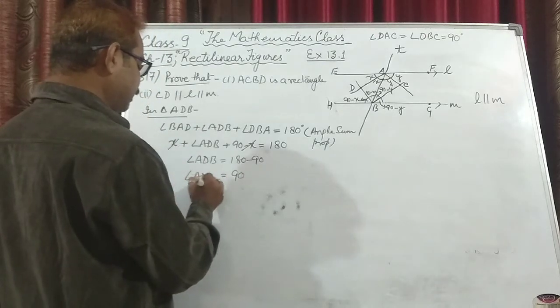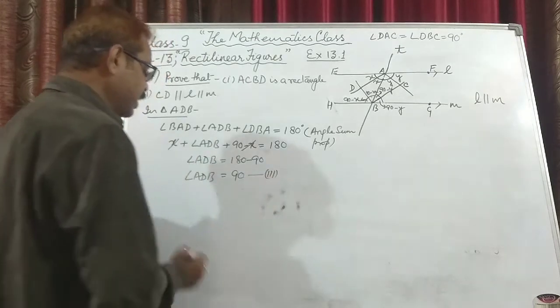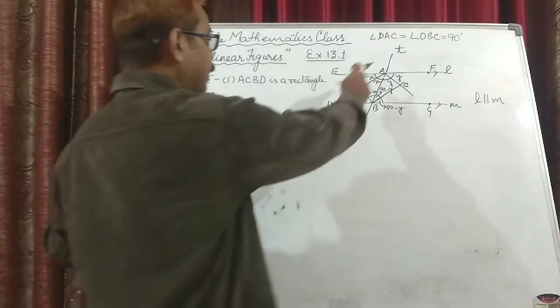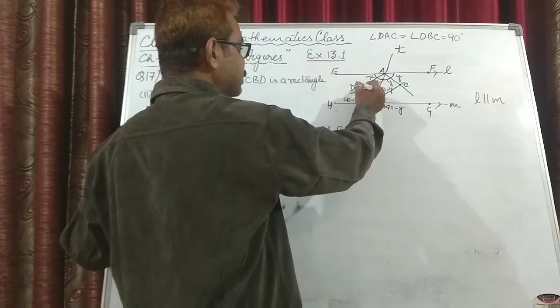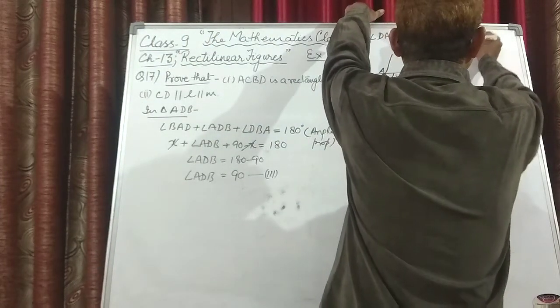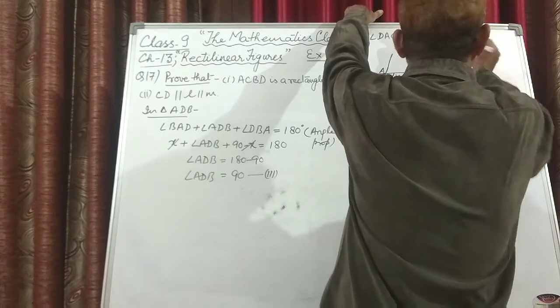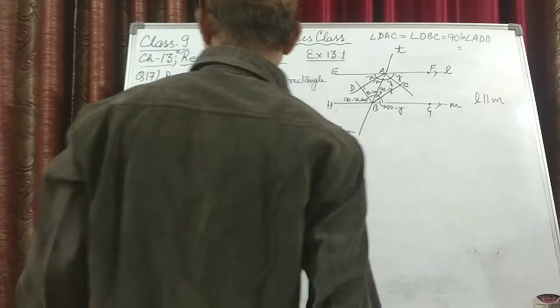Angle ADB is 90 degrees. This is the third part. So we have also proved that angle ADB, this angle, is 90. So I am writing here equal to angle ADB.